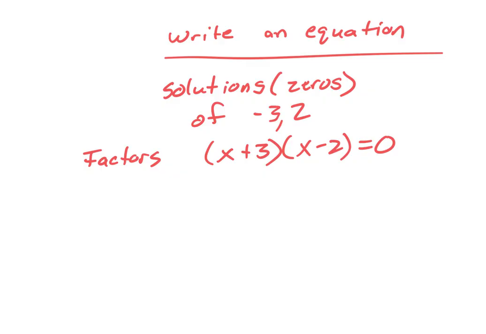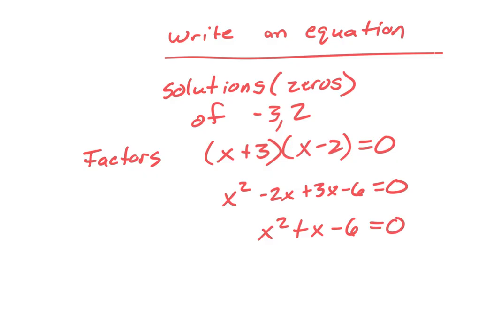We want to put it into the form that we're used to seeing it in, which is what we call standard form. And so what are we going to have to do here? Just FOIL it. Yep, just FOIL it out. So x squared minus 2x plus 3x minus 6, which become x squared plus x minus 6 equals 0.